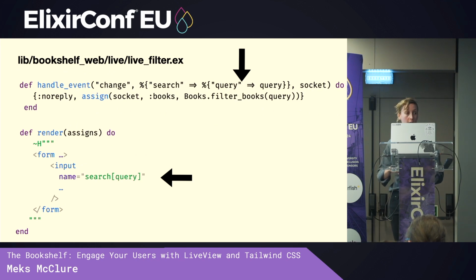The text value that is typed into the form is sent in a params map, which is nested under search and query, which has been specified by the name input. And from there, she can take the value of the query and pass it to the same function she was using previously to actually limit the display book list and update the socket assigns.